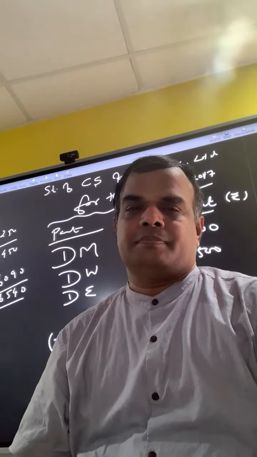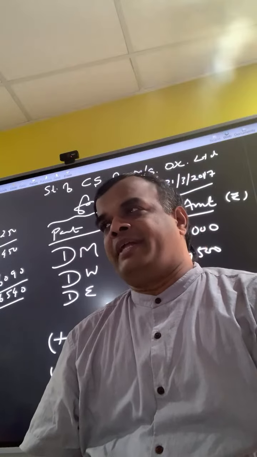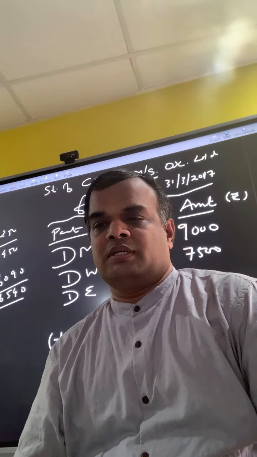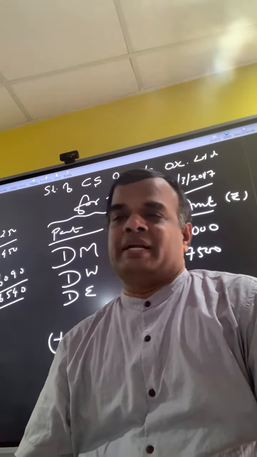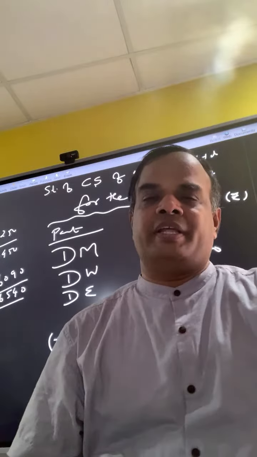Under the particulars, direct material. Before that, what purchase value is available? Purchase value of material. You can write purchase value of material.